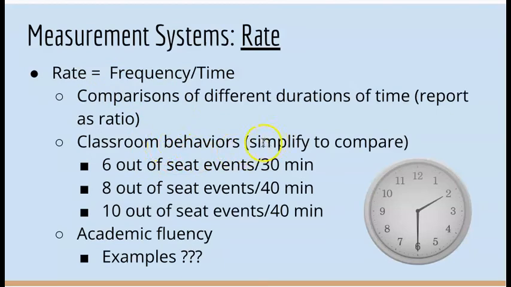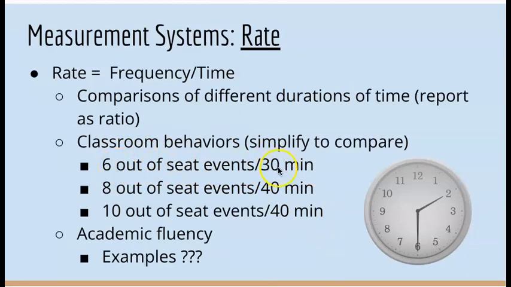Classroom behaviors that you might consider to do with rate is 6 behaviors out of seat in 30 minutes, 8 behaviors out of seat in 40 minutes, 10 behaviors out of seat also in 40 minutes. Looking at these, if you would actually convert to rate, which of these do you think occurred at the highest rate?